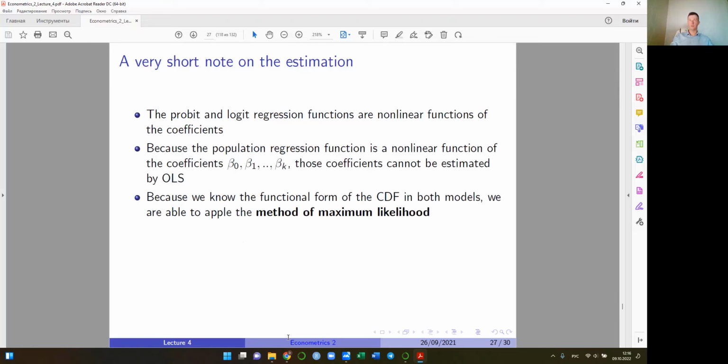It is not possible. But we know other estimators from mathematical statistics course, and the two most important of them are the method of moments estimator and the maximum likelihood estimator. So since we know the functional form of CDF for both models, we can apply the method of maximum likelihood to both models to estimate these betas.